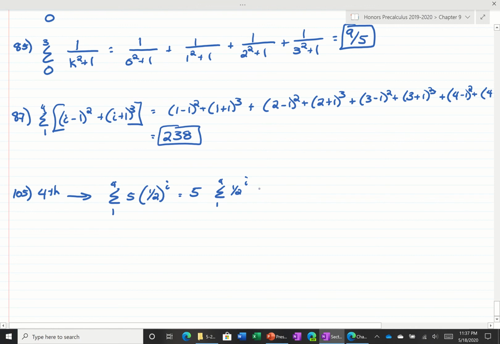And if we do that, this will be 1/2 to the first plus 1/2 to the second plus 1/2 to the third plus 1/2 to the fourth. So let me just type that into my calculator.